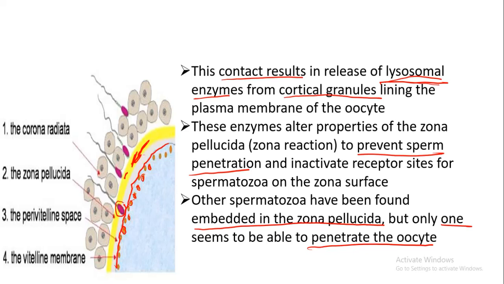We said it has to undergo two steps: capacitation and the acrosomal reaction. Then we talked of how the sperm penetrates through the zona pellucida, through the corona radiata, until it reaches the oocyte.